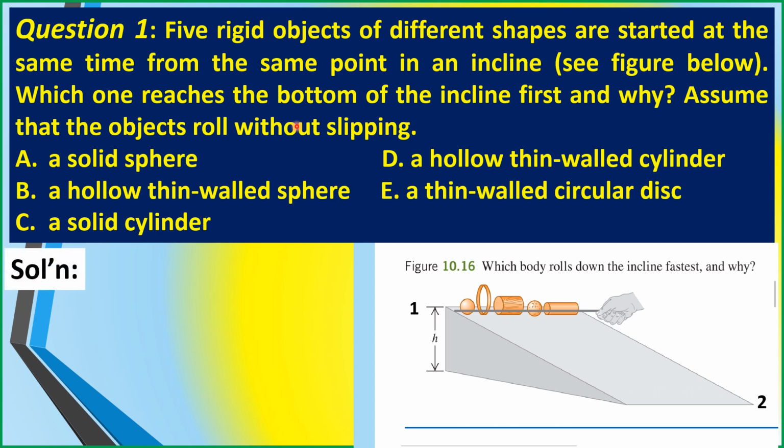So our solution to this question, we will base it on the assumption that the objects are just rolling without slipping. That means that we will assume that they are not sliding along the incline.